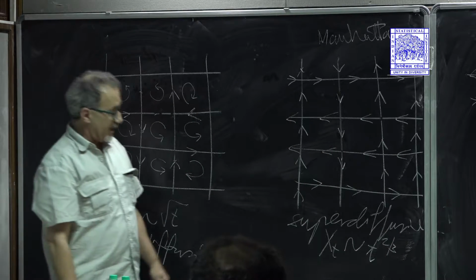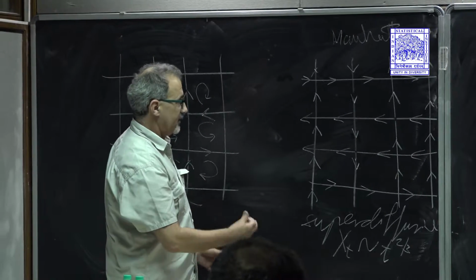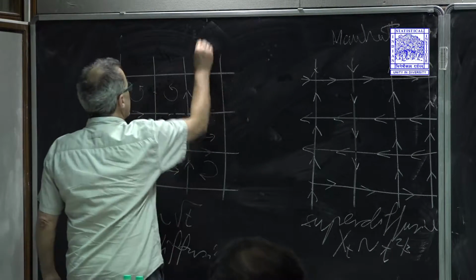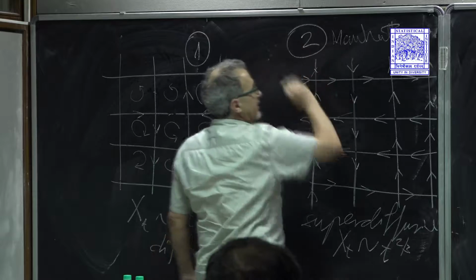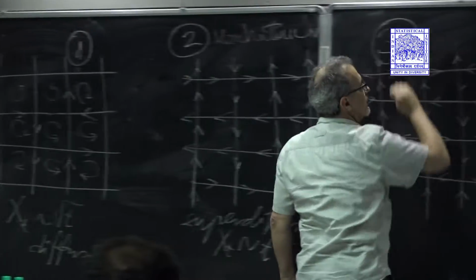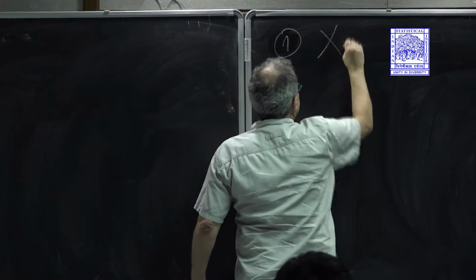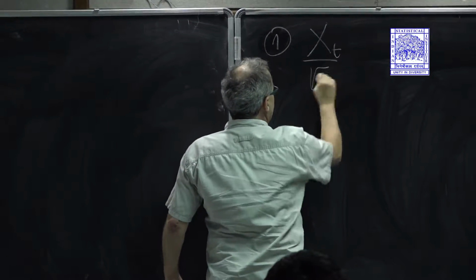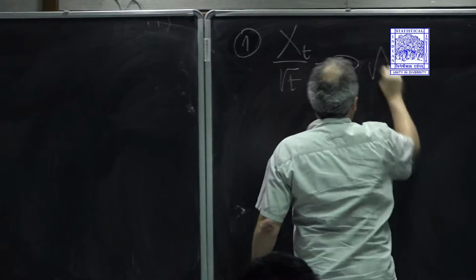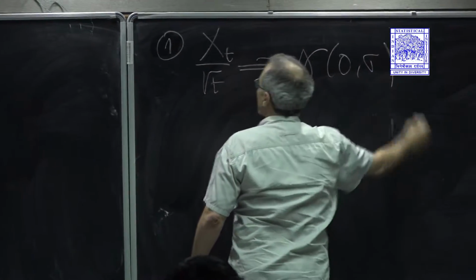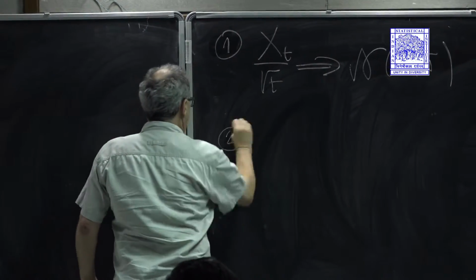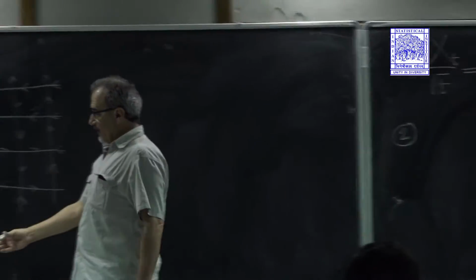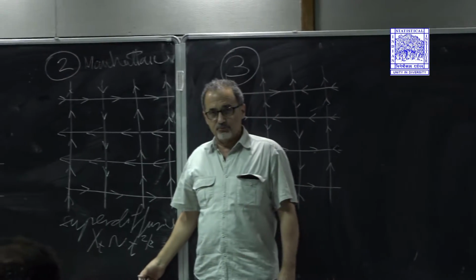In the first case, xt divided by square root of t converges to a non-degenerate normal. In the second one, this is the expected behavior which we are not able to prove.